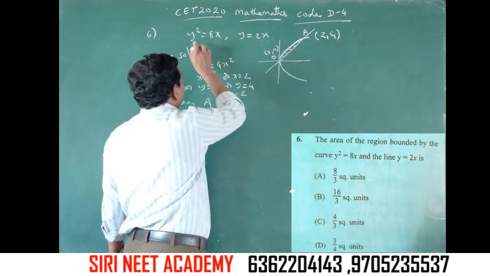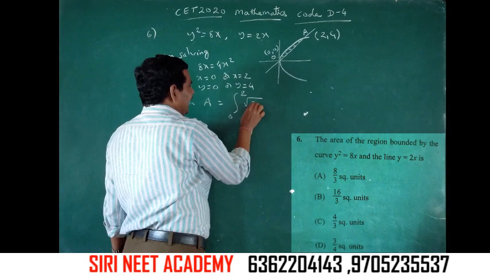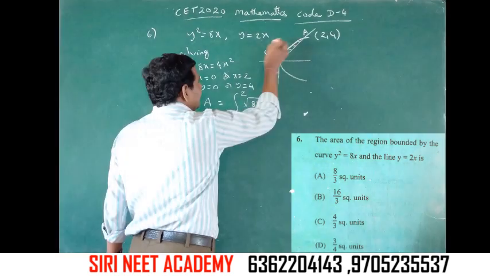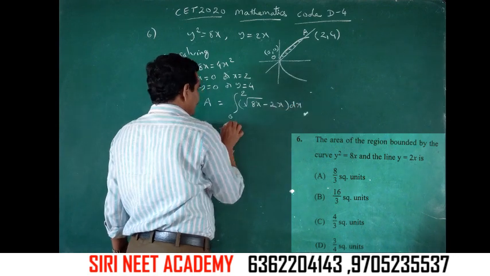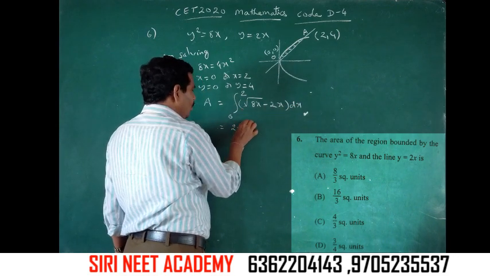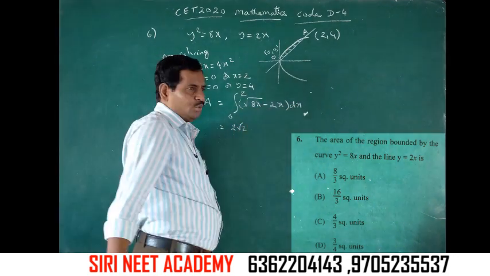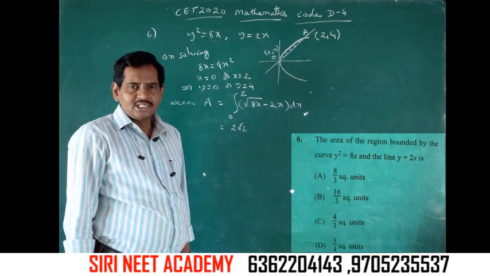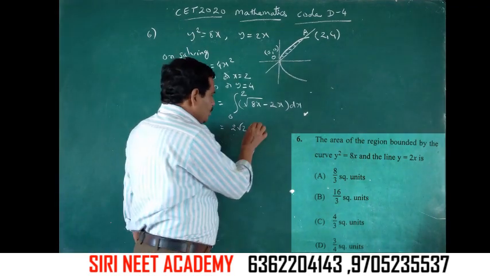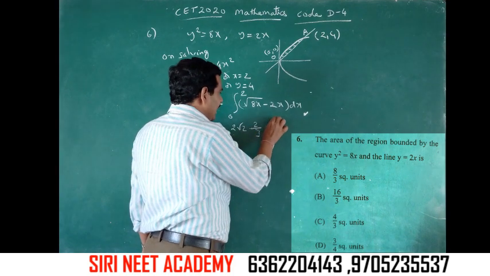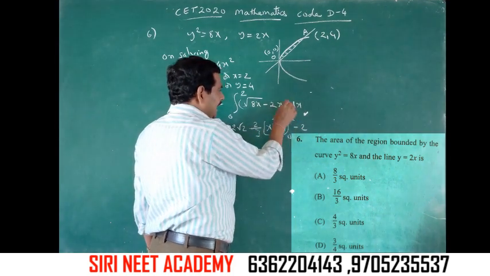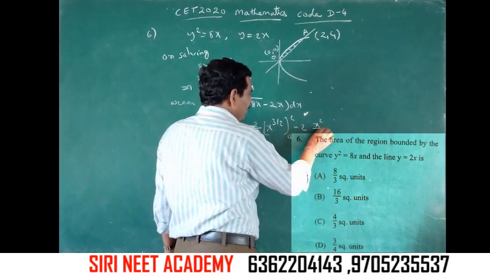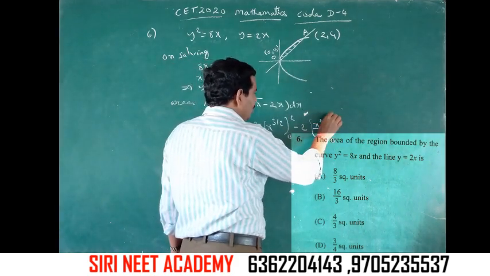So from the first curve y value root 8x, minus from the second, y is equal to 2x, dx. Root 8 value is 2 root 2. Integration of root x, x power 1 by 2, integration is x power 3 by 2 by 3 by 2. So 2 by 3 into x power 3 by 2 between 0 and 2, minus 2 into integration of x, that is x square by 2, between 0 and 2.